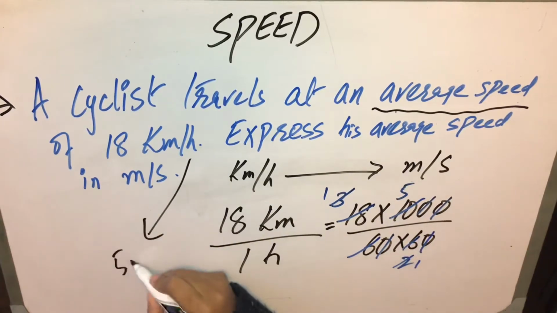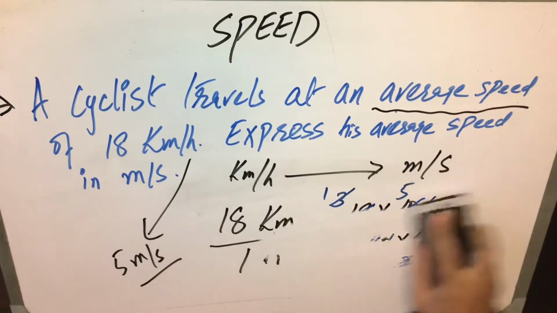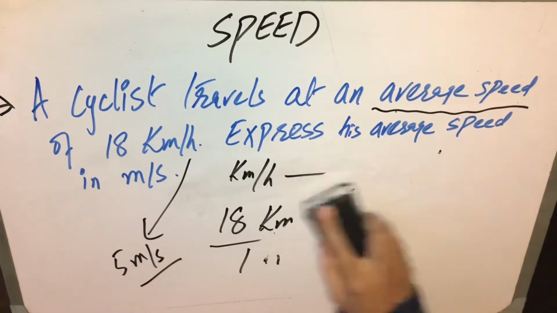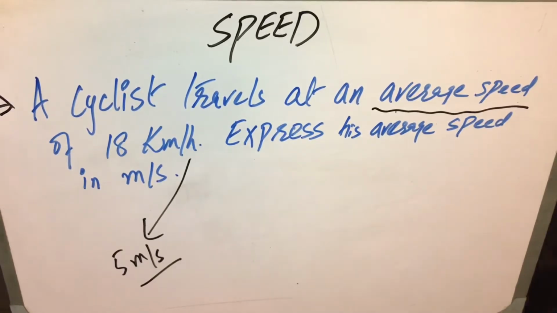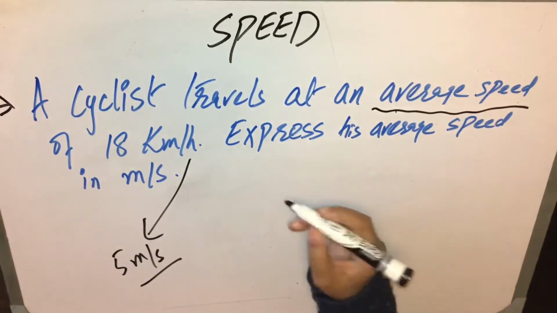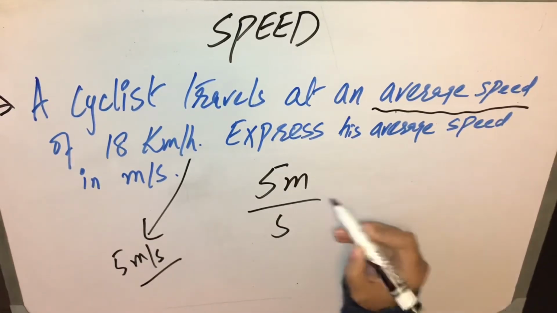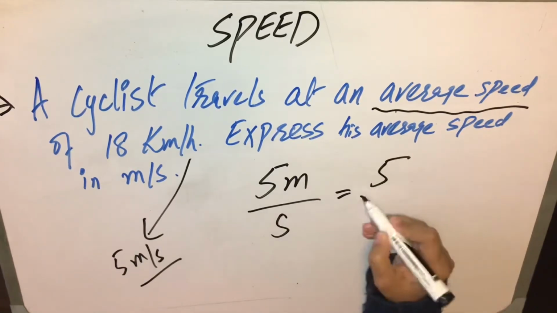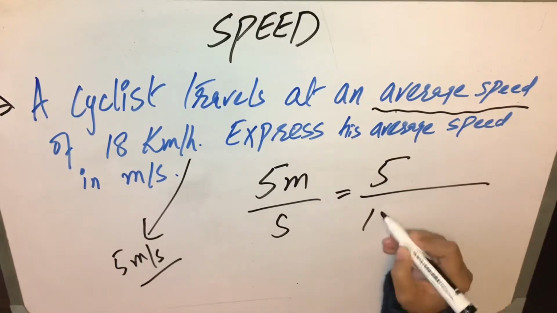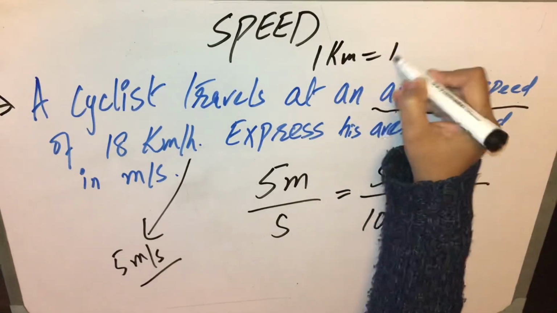5 meter per second. Okay, if we have to convert this 5 meter per second to kilometer per hour, we will do the reverse calculation. Like this is 5 meter per second. So when we have to convert these meters into kilometers, we have to divide 5 by 1000, as in 1 kilometer there are 1000 meters.